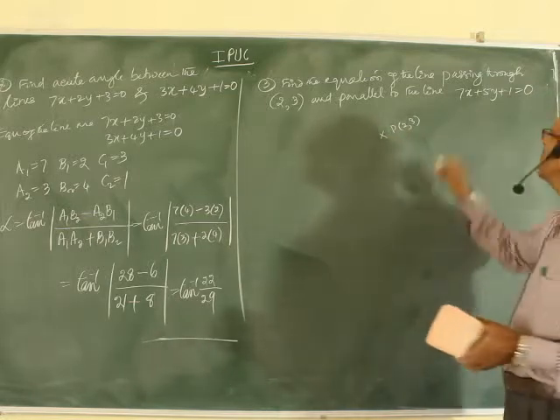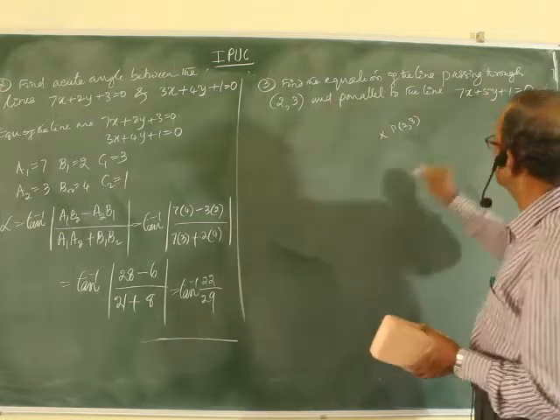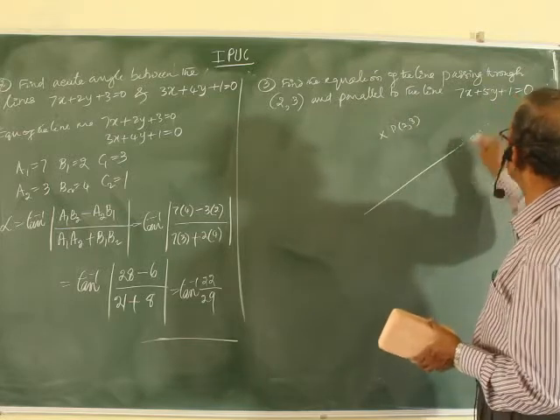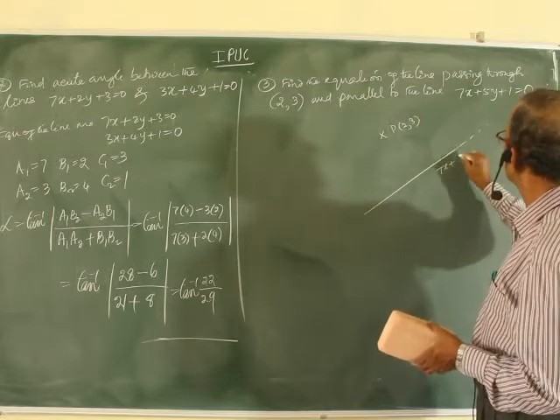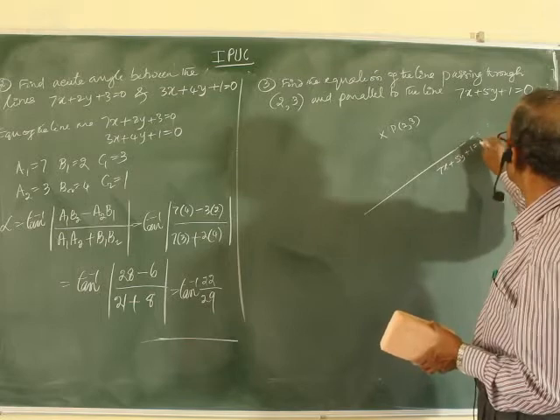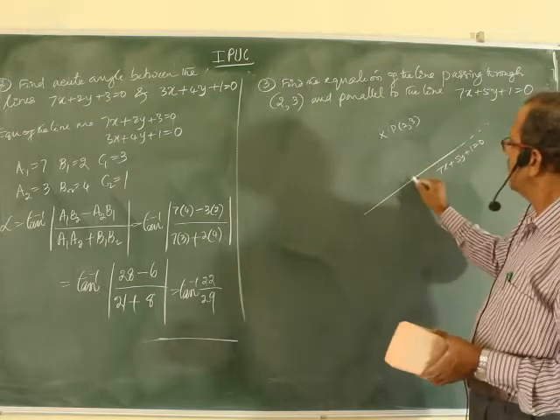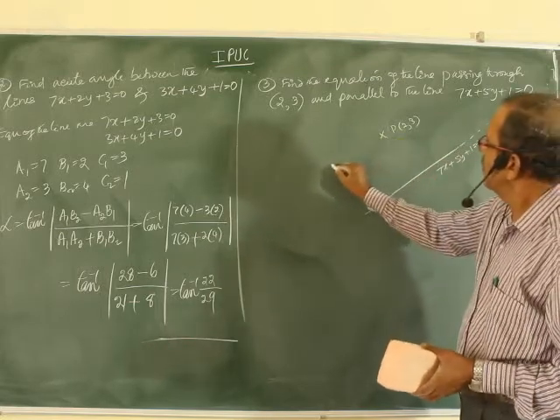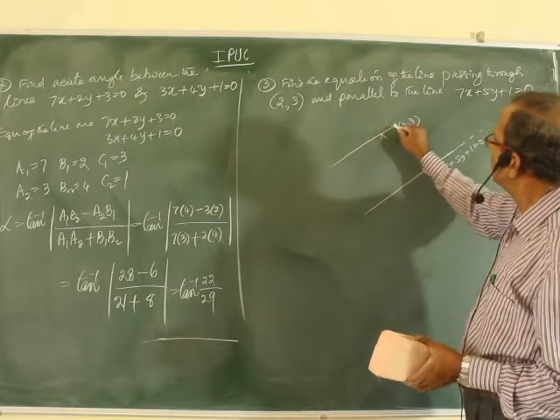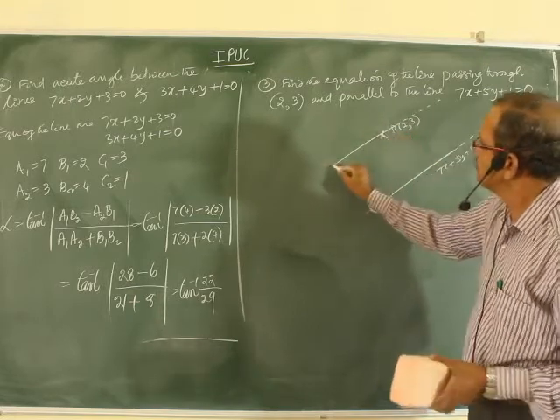Not only that, it should be parallel to this. Another line is given, see, 7x + 5y + 1 = 0. Find the equation of that line passing through this and parallel to the given line.